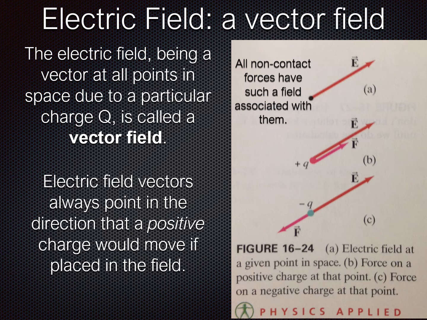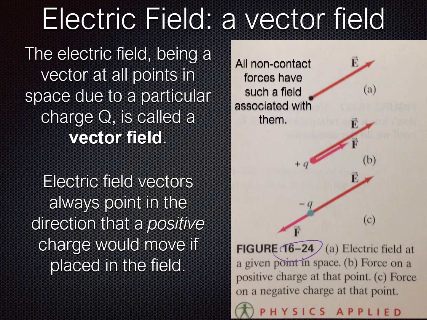So electric field vectors always point in the direction that a positive charge would move if placed in the field. That's why earlier we used the example of a positive test charge that we put near the negative charge in order to see where it would want to go. So if you look here, in figure 16.24, we have the electric field at a given point in space.